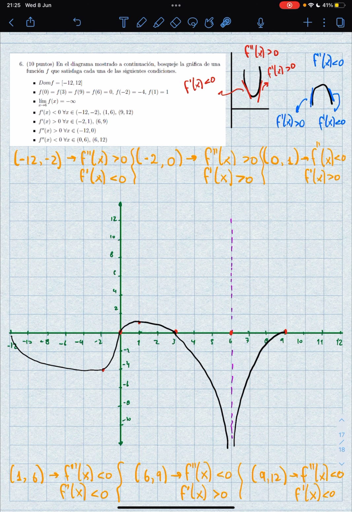So from 9 to 12, I'm gonna have the second derivative. I'm here again, and I'm gonna be over here. So it makes sense. So probably it's gonna be like this.